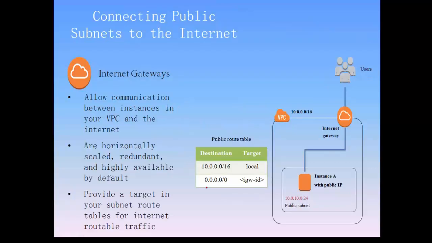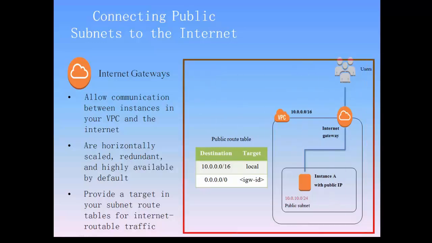In the last section we designed this topology. One is the public subnet that is connected with the internet gateway. So what happened?